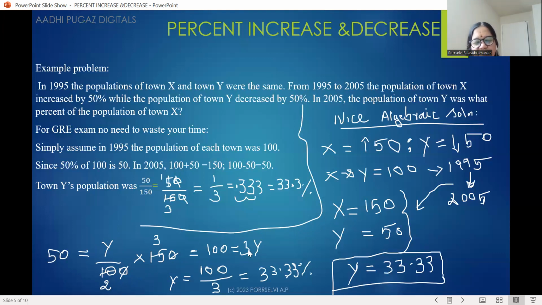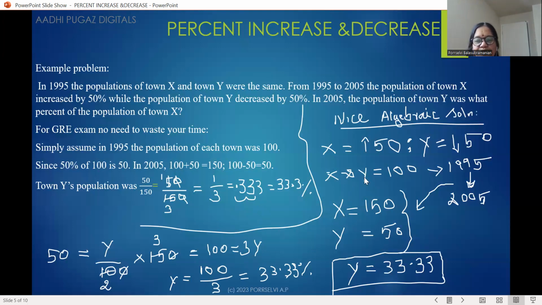So 100 equals 3Y. So Y equals 100 divided by 3, we will get 33.33%. Now you see we got the same value here.